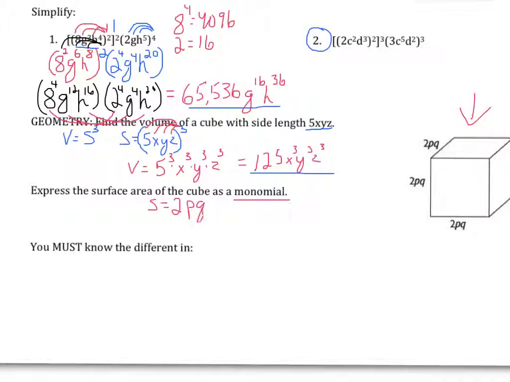Alright, so we can substitute in for the formula for surface area, which is 6 times the side length squared. Alright, that's a 2.